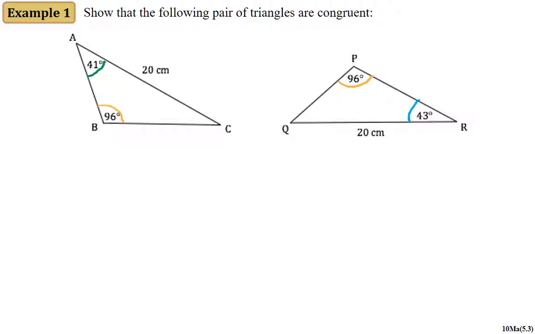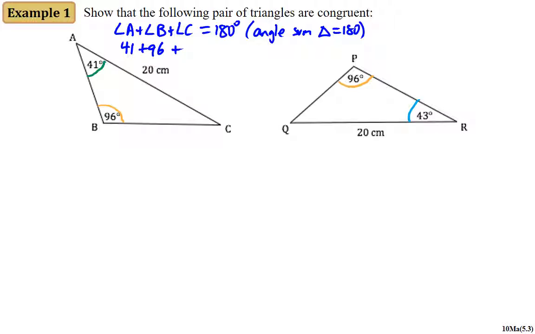In triangle ABC, I'm going to say angle A plus angle B plus angle C equals 180 degrees, because the angle sum of a triangle equals 180, which means I've got 41 plus 96 plus angle C equals 180.